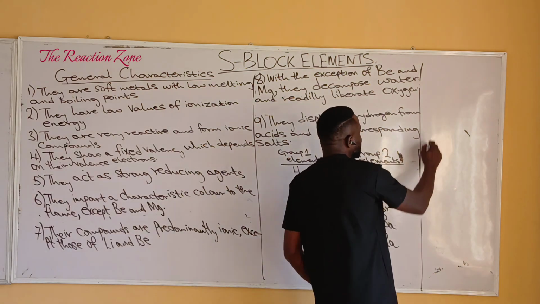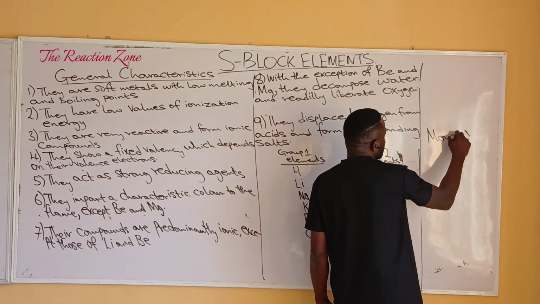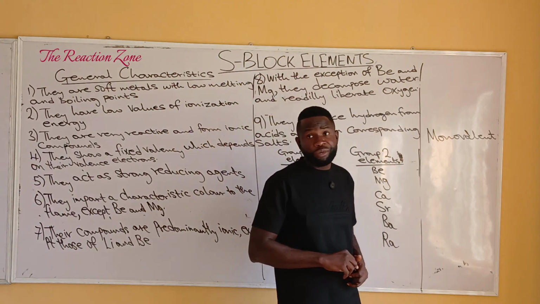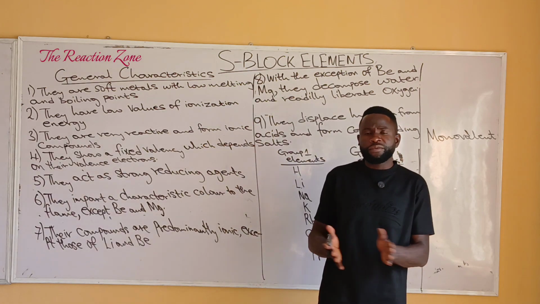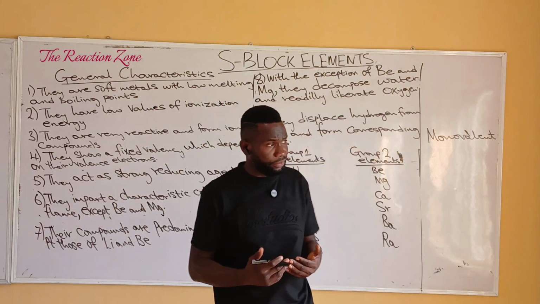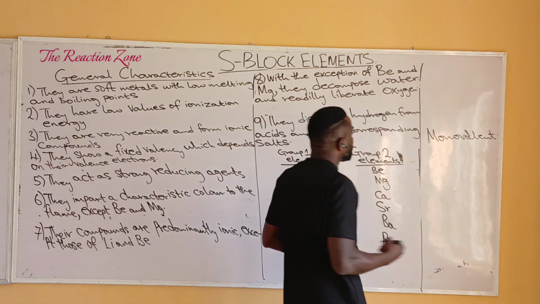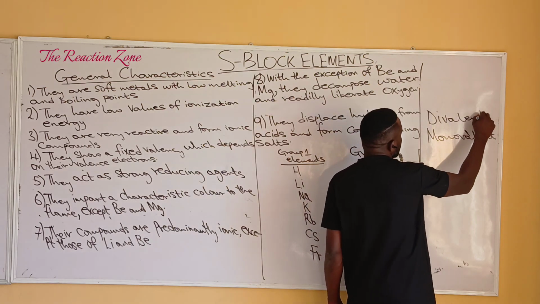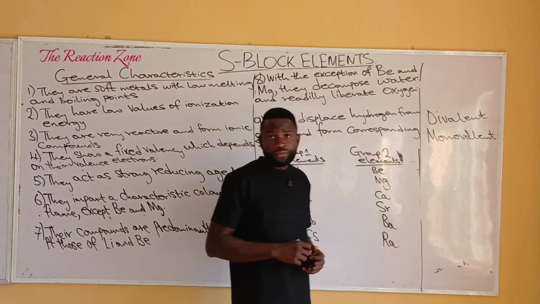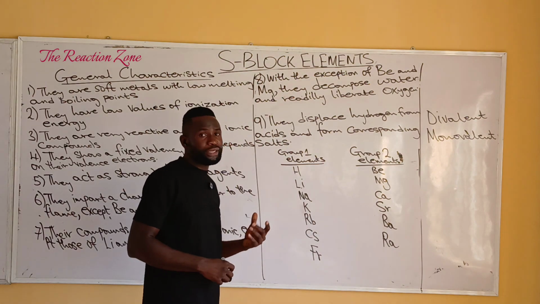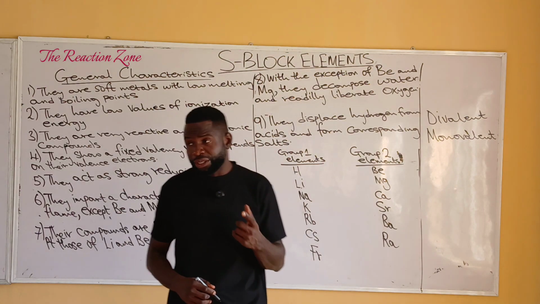Elements of group 1 are monovalent, which means that they have a valency of 1, and this is because they have 1 electron in their outermost electron shell. Elements of group 2 are divalent, that is, they have a valency of 2. This is because they have 2 electrons in the outermost electron shells.